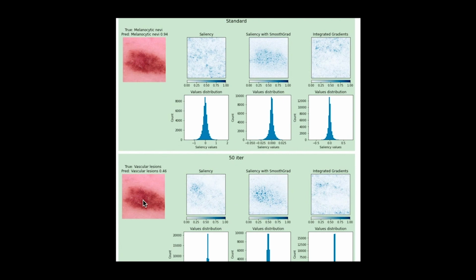The first one is that this is the same image, right? But the true label, meaning the content of the image, was once melanocytic nevi and the other time vascular lesion. But hey, this is exactly the same image, so the true label should be the same. So this was a bug in the sense that I was showing the results for a different image.